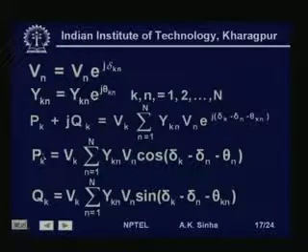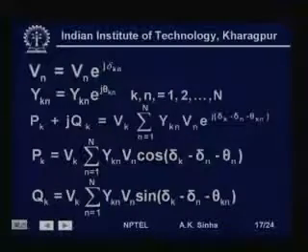So, we have the real and reactive power separated, and we can write the relationship between the real power and the reactive power in terms of the voltage magnitude and the angles at different bus bars and the admittance which is connecting the various bus bars in the system.